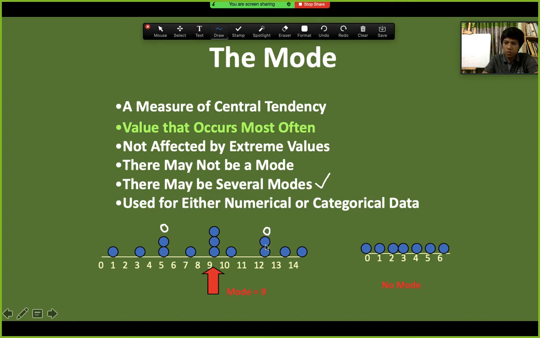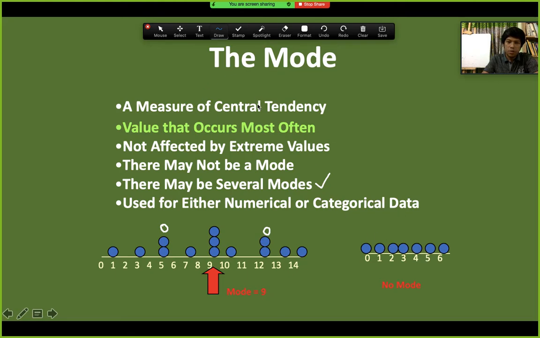All of them are modes. So in this last example, 12 comes 3 times, 9 comes 3 times, 5 comes 3 times, so all of them are modes. In contrast, in this example there is no mode, because all the data comes just once. There is no maximum occurring data, no most often occurring data here. So there is no mode here.